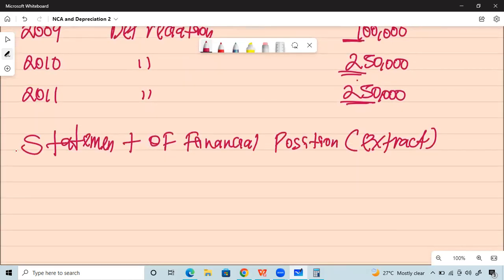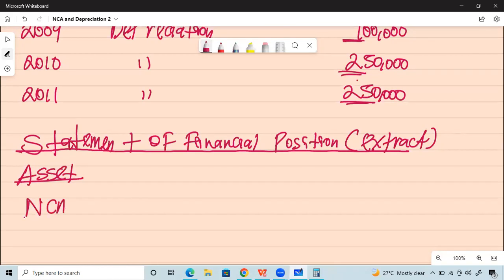Okay, so underline it. So what you just need to do, you can say assets. And this one is non-current asset.